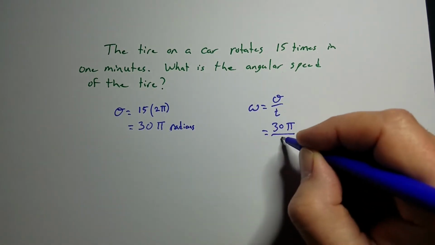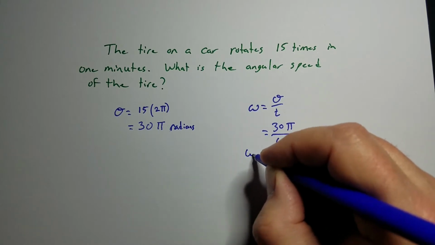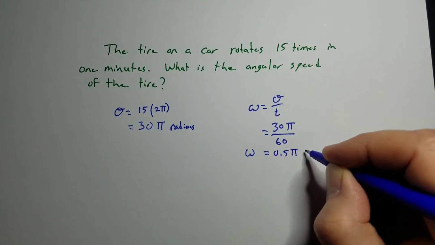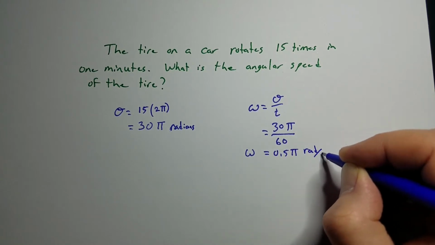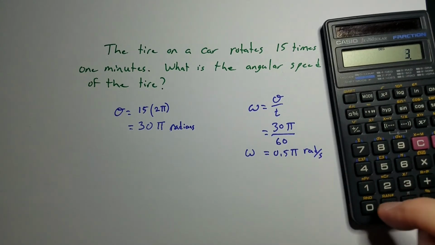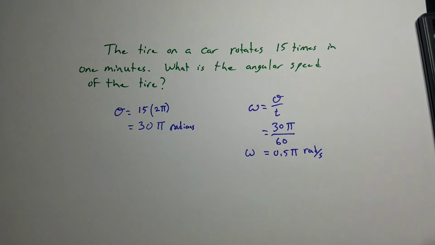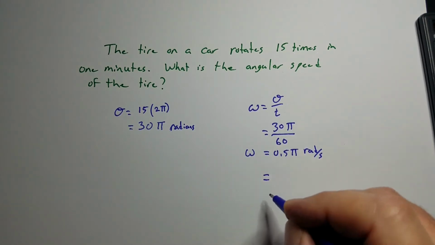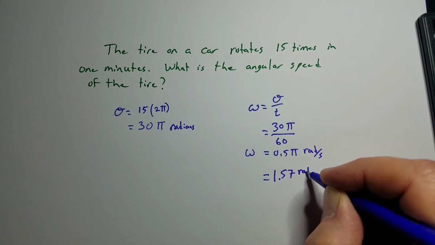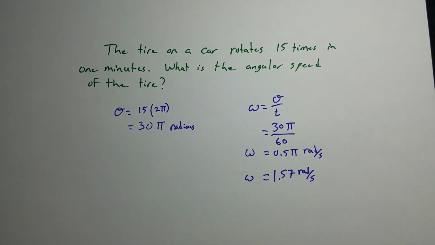In 1 minute, so 60 seconds, that's 0.5 pi radians per second, or go ahead and multiply that through. 3.14 times 0.5 gives me an angular speed of 1.57 radians per second.